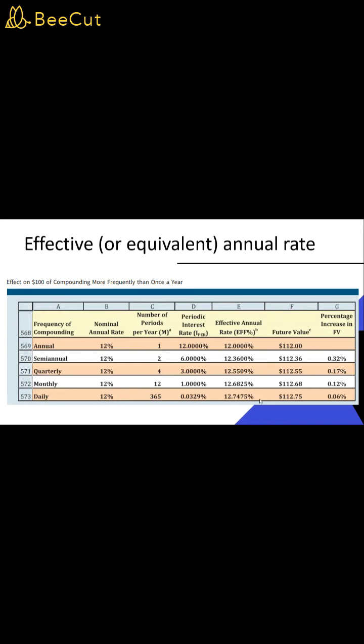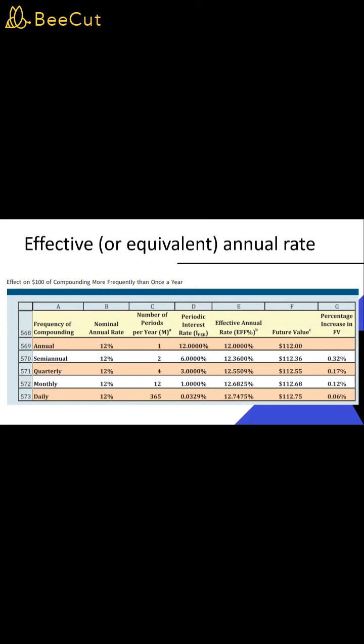That's going to be the best scenario because you're going to be getting the most interest, as compared to if it's being compounded annually. Obviously this also has an impact on the future value of the money that you're putting in the bank, or if you're investing in any financial security.